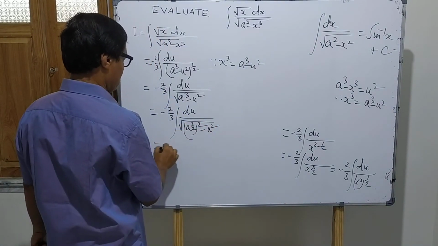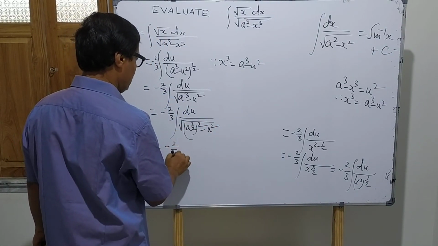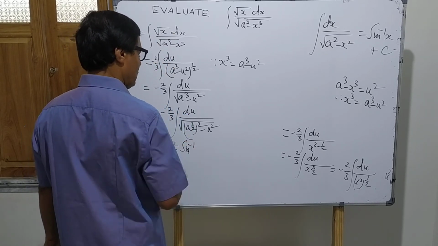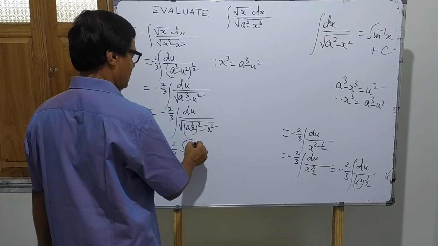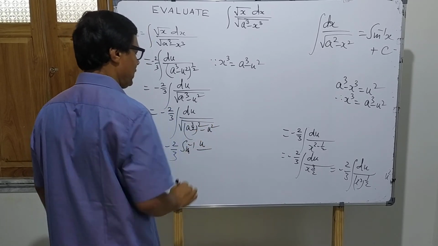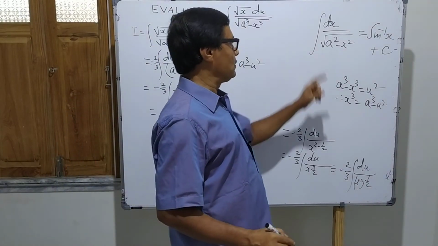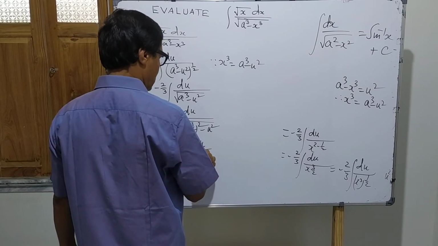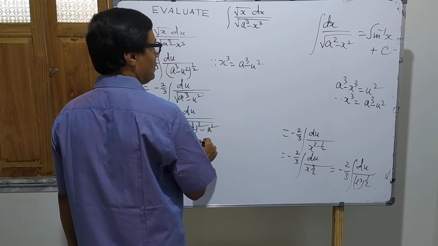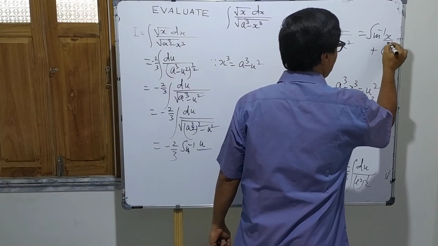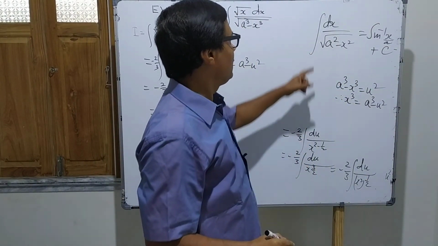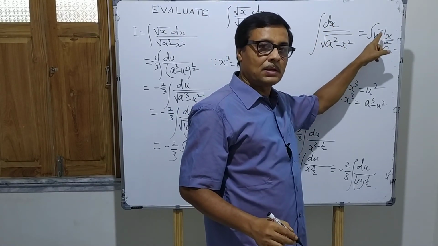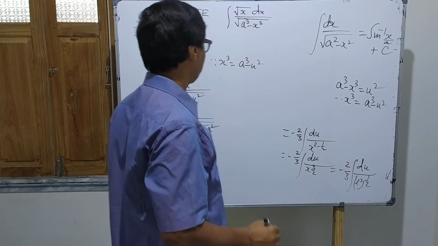And also we can write here minus 2 over 3 sine inverse of x over a, where x is here u and a is a to the power 3 over 2. The formula is the integration of dx over root of a square minus x square equal to sine inverse of x over a plus c.